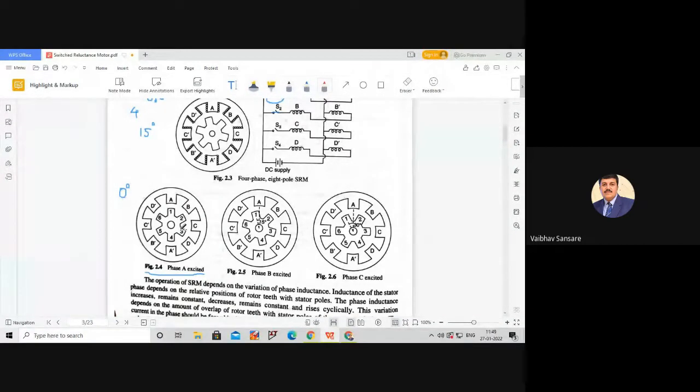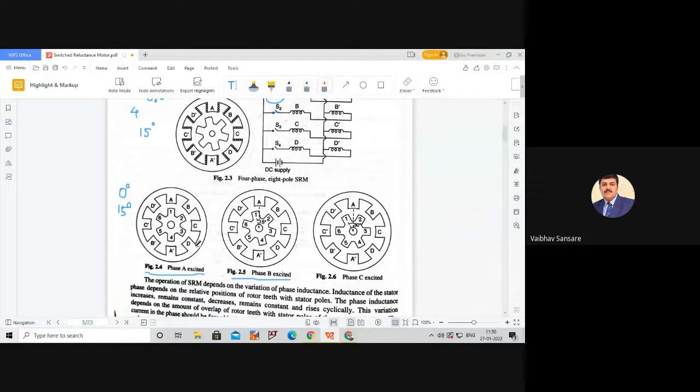Okay. So whenever we excite phase B and B dash, the rotor position is 15 degree in the counterclockwise direction, and this happened due to the alignment of the 2 and 5 rotor teeth with the B and B dash stator pole. Now someone may ask why this rotor does not move in the clockwise direction.